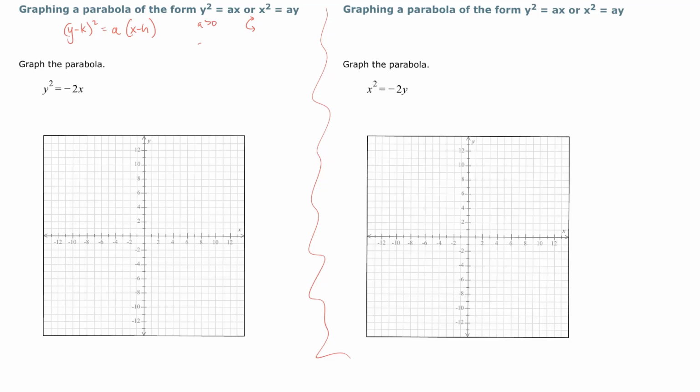If a is negative, it opens to the left. In this case, what do we have here? We have y minus 0 quantity squared is equal to -2 times x minus 0. So the vertex, remember the vertex is h comma k. So here the vertex is 0, 0, not a total surprise. We could go ahead and plot that. And then we know it's going to open to the left.